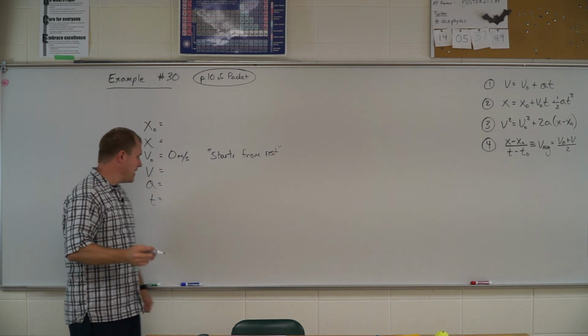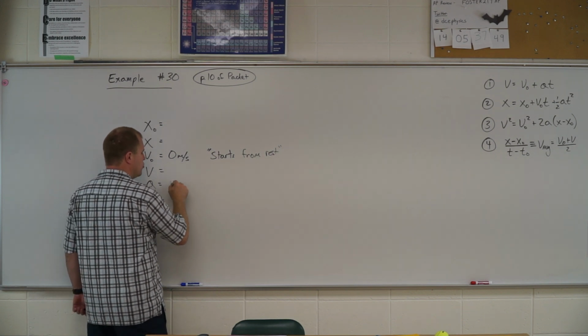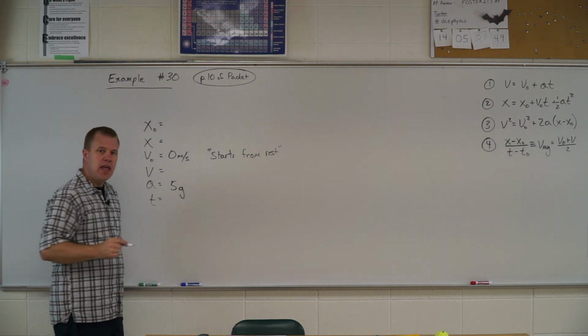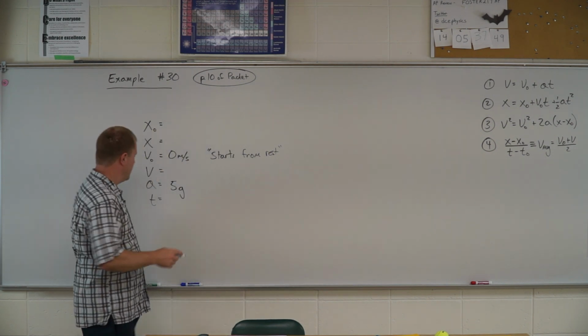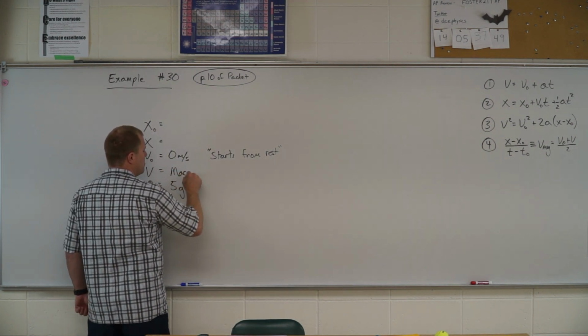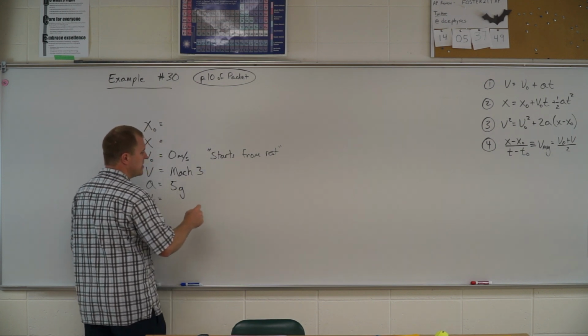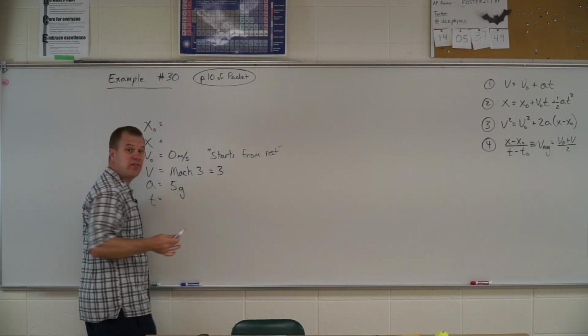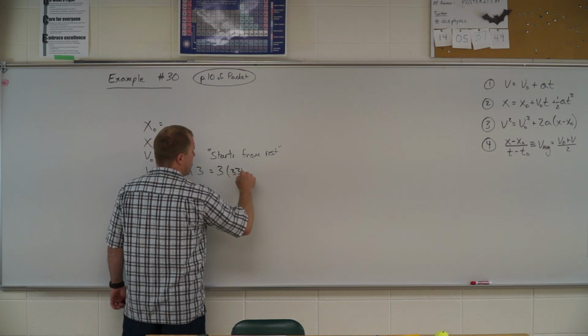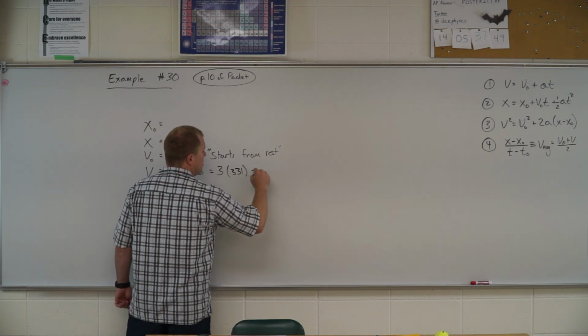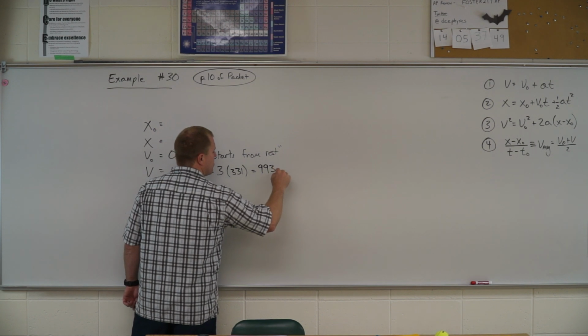They told me the acceleration was 5 Gs, and they wanted to reach Mach 3, which is 3 times the speed of sound. That is 3 times whatever the speed of sound is, which they told me was 331 meters per second. So I get 993 meters per second.